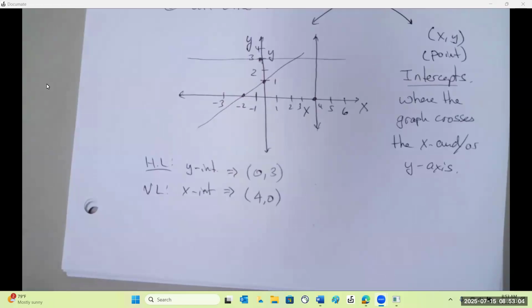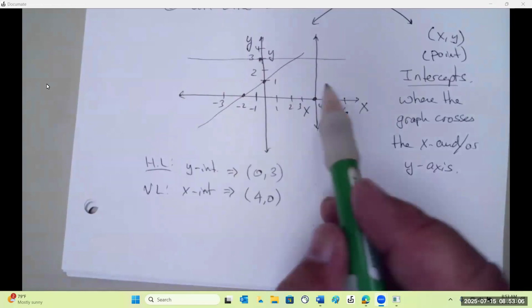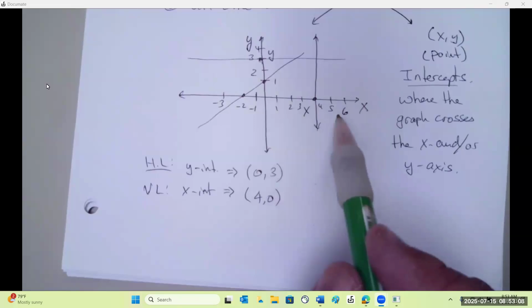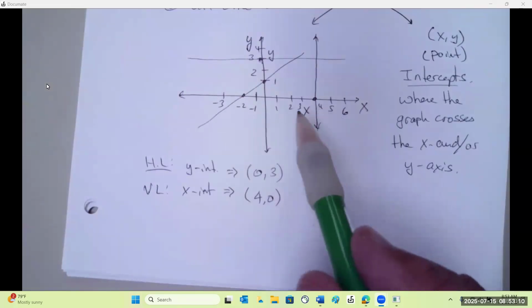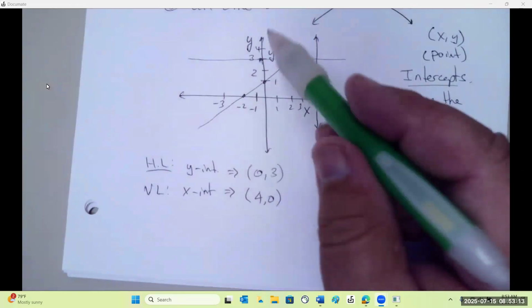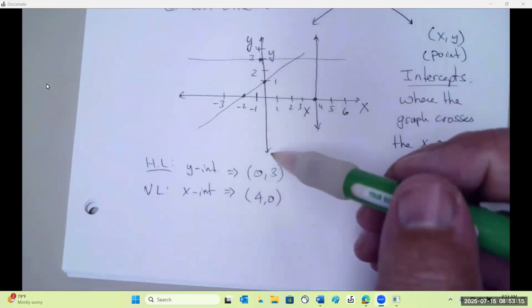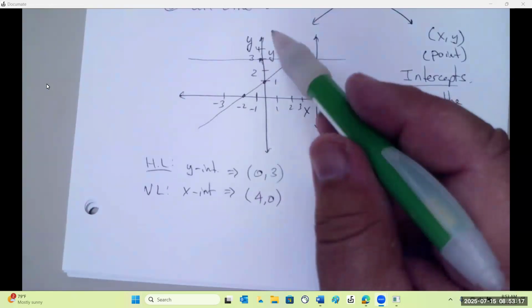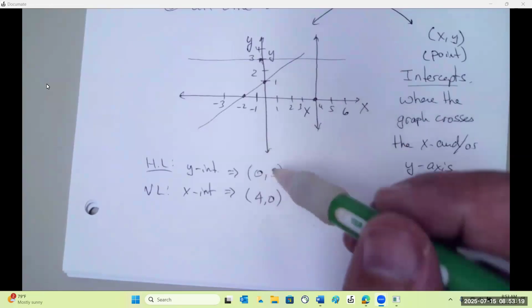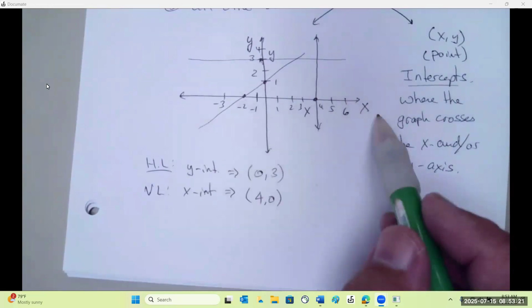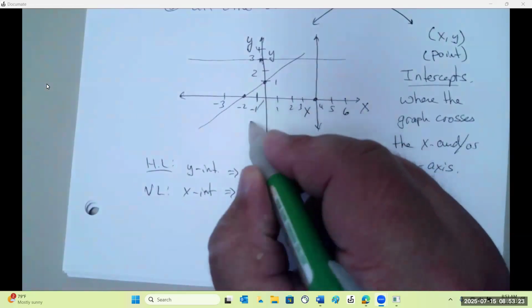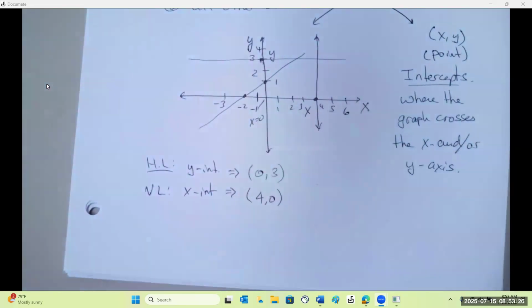Let's think about this. Vertical lines can only go up and down. It can only cross the x-axis. Or it can become the y-axis. Isn't the y-axis a vertical line also? So a vertical line can cross anywhere on the x-axis. If it's the y-axis, it crosses at x equals 0.